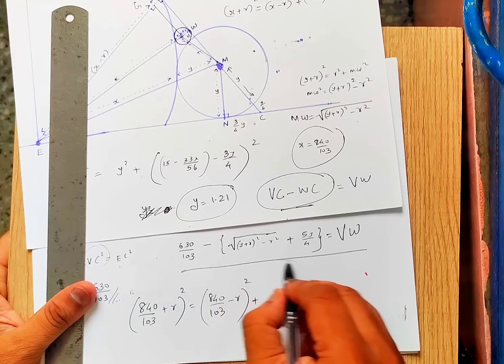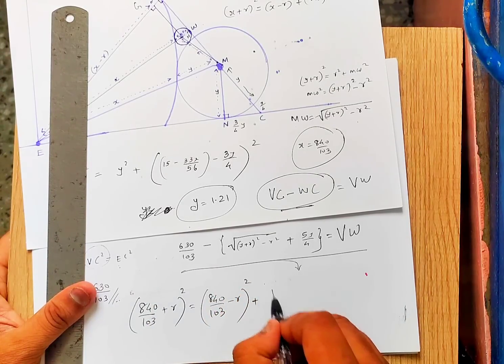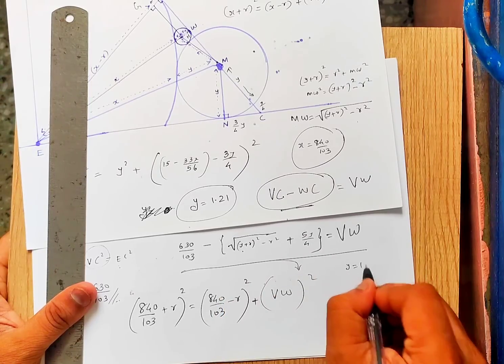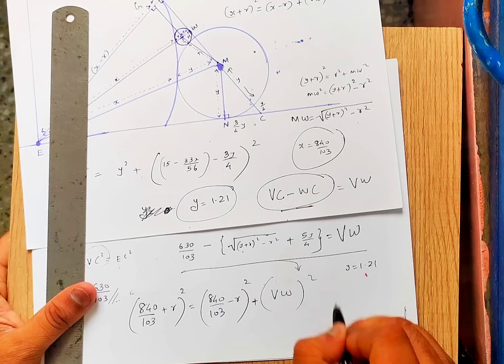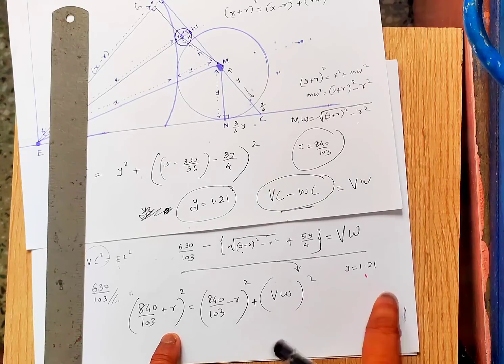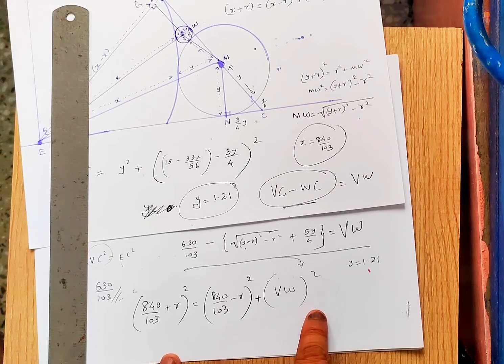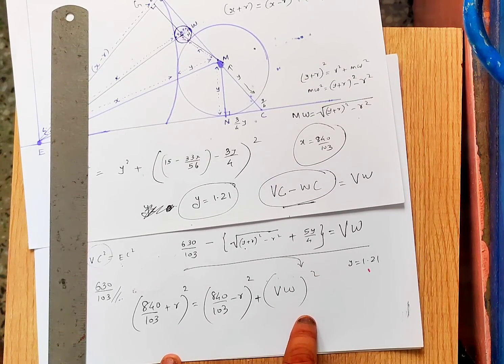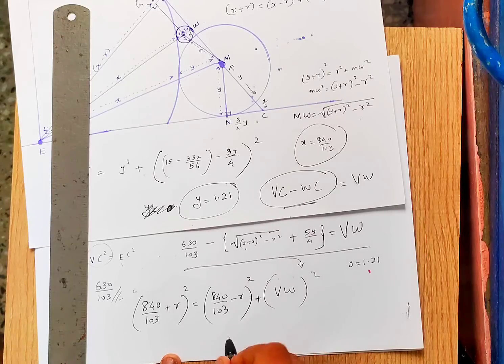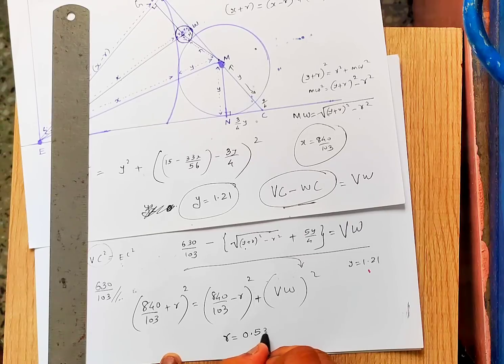So this entire thing will come over here, and we need to find out the square of it. Y is known to us as 1.21, right? So I'm going to substitute that also. So every term over here is either a number or has only r as the variable. So one equation with one variable, and then we can find out the value of r, and that I have calculated. It is approximately 0.53.